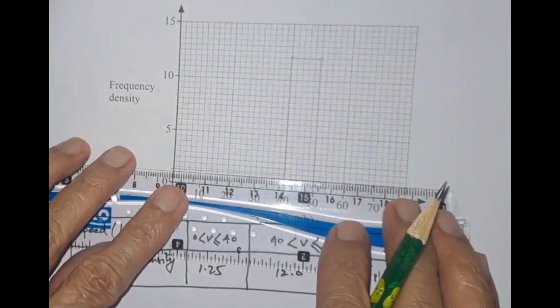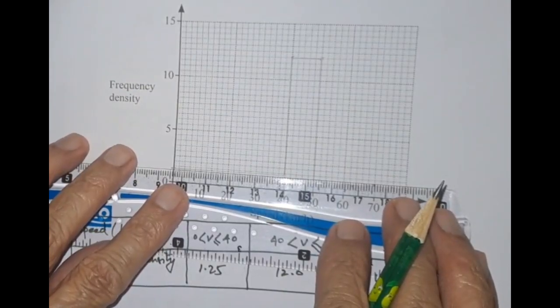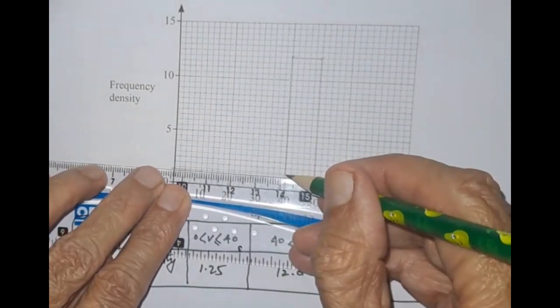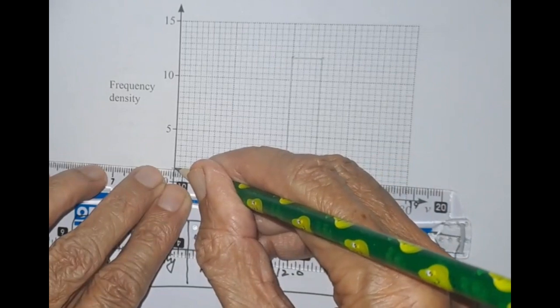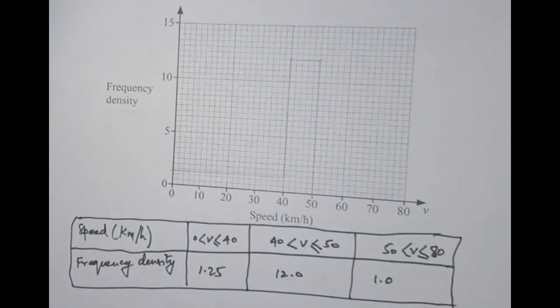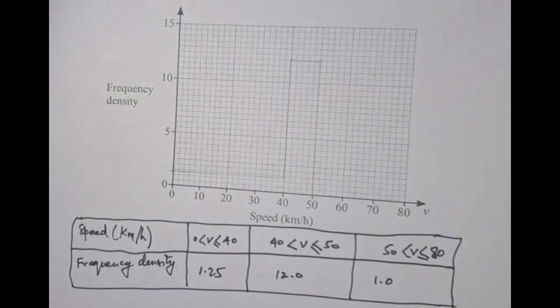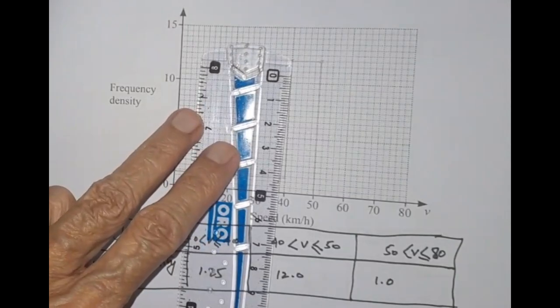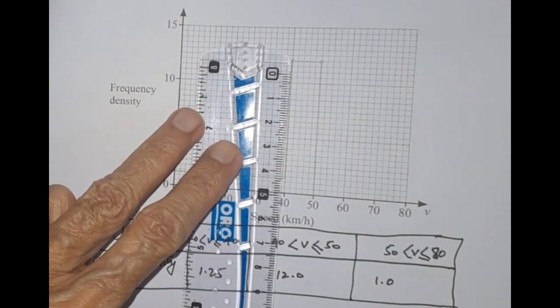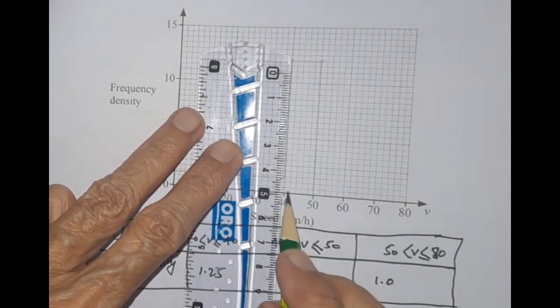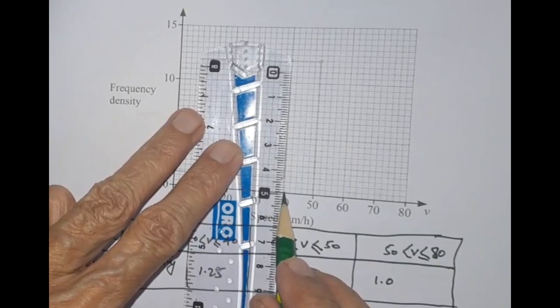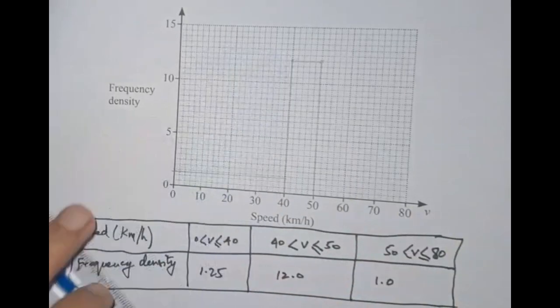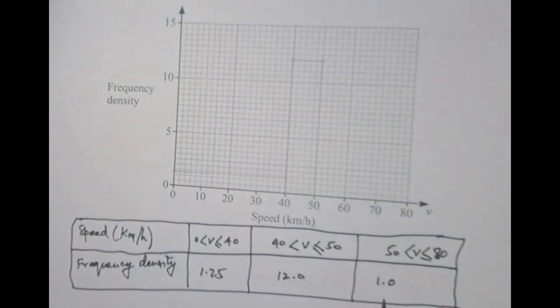let us have a little darker line here as well. You got these letters, and this line has to be up to this place. And the last is 1.0 up to 80.